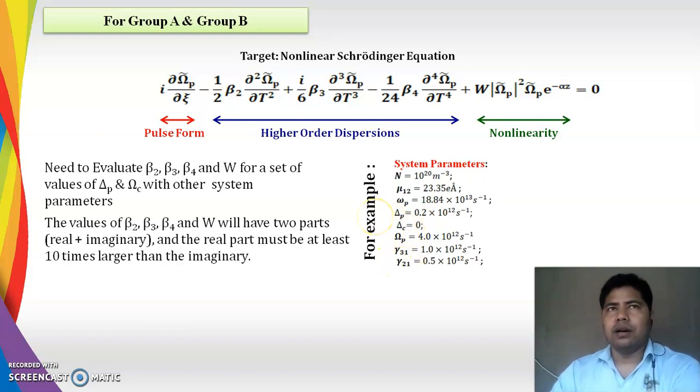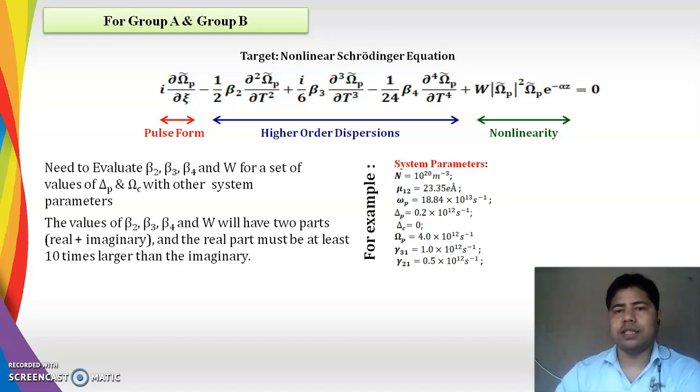We have taken the probe detuning up to a certain point, say plus minus 5% of the profile. Say the probe detuning is from minus 2 into 10 to the 12 to plus 2 into 10 to the 12, right? So that is the bandwidth that we are searching.